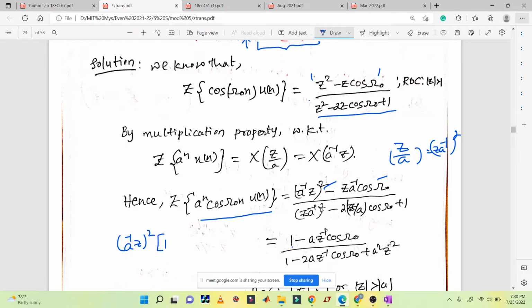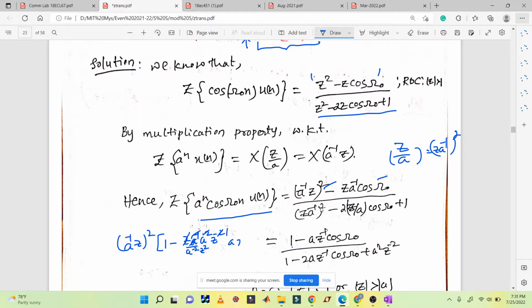This will become 1 minus z inverse divided by a to the power minus 2 z to the power 2. So this minus 2, if it goes above, it will become plus 2. This plus 2, if it goes above, it will become minus 2. So this 2 cancels with minus 1, and this z cancels with this one, and it will become minus 1.